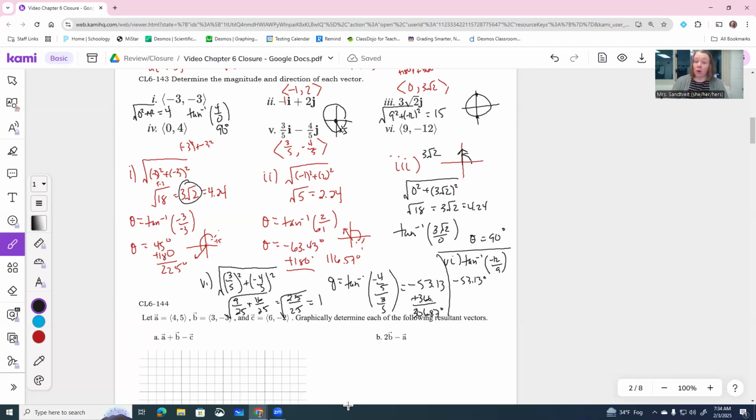And then I think about what quadrant this would be in, right? If I were to sketch that, to the right and down, it's the same as the last one. So it's giving me negative 53.13, but I want this rotation. So again, I add the 360 and I get 306.87 again.